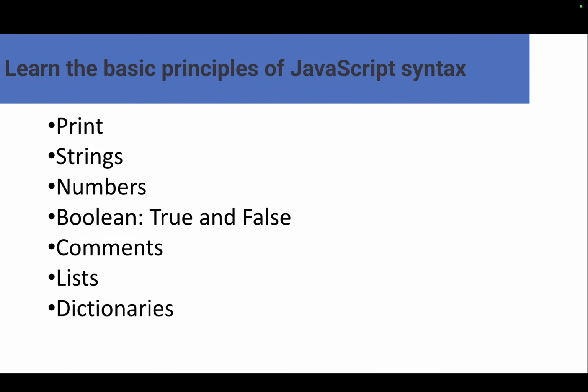And then list. All programming languages also work with lists, which mainly store items; different types of items can be stored in a list. And then dictionary, and function, as well as loops, for loop and while loop. These are the basic items in any programming language, whether JavaScript, Python, C or C++.